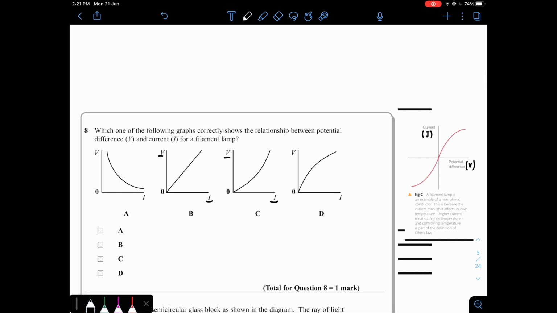So if the axes are changing, we're reflecting in this axis over here. So our graph should look like this. Let me make it a bit more clear.